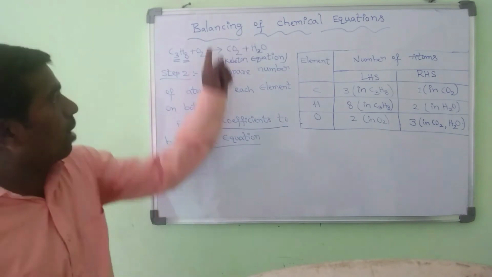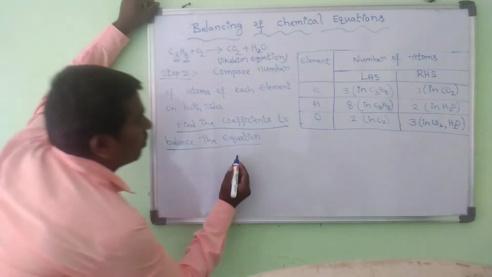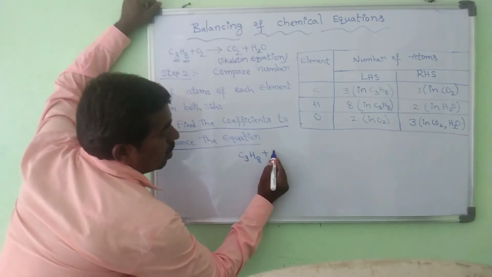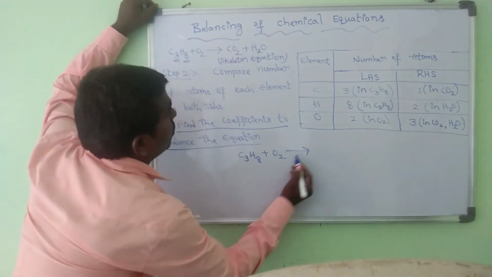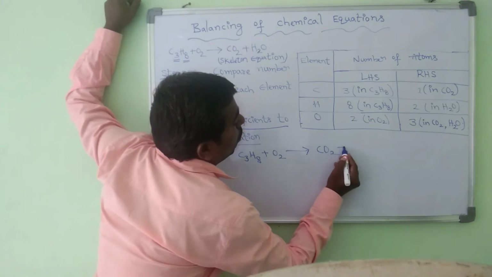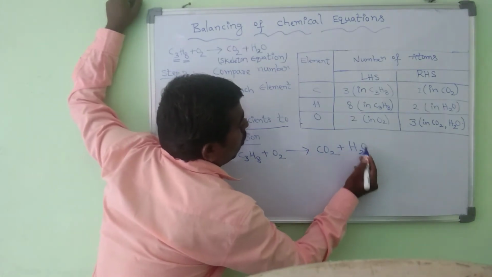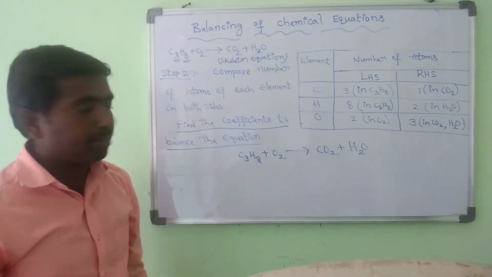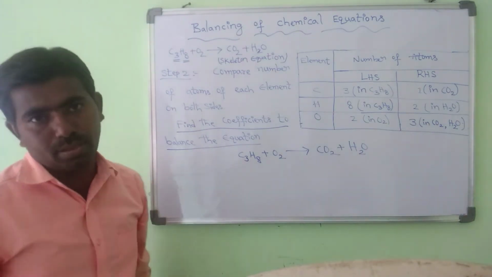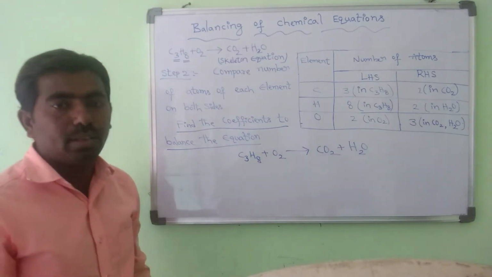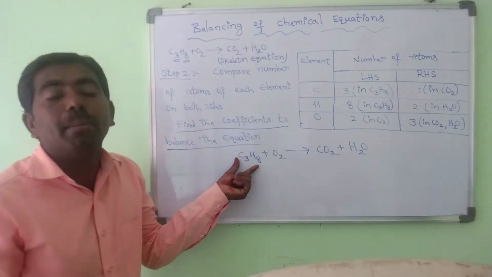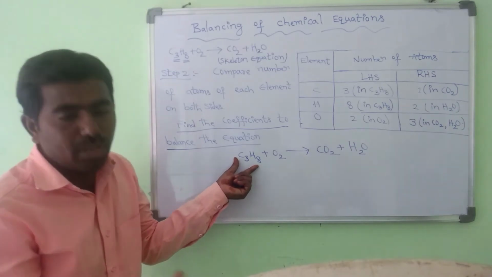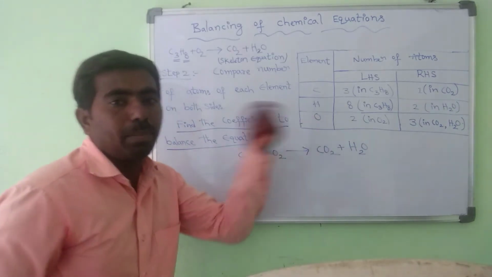And now I am writing this skeleton equation: C3H8 plus O2 gives CO2 plus H2O. Coefficients are the numbers present before the chemical formulas of all the substances, whether reactants or products.